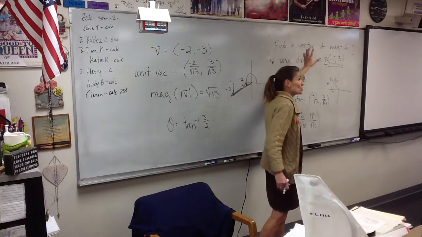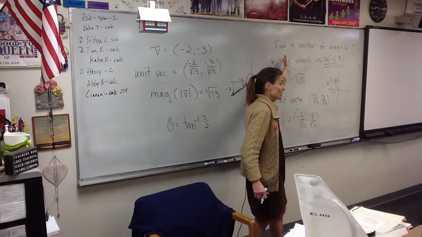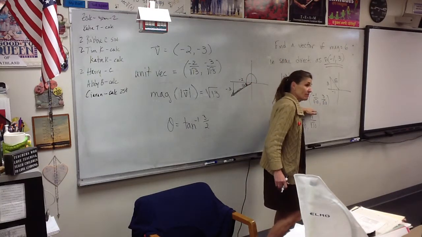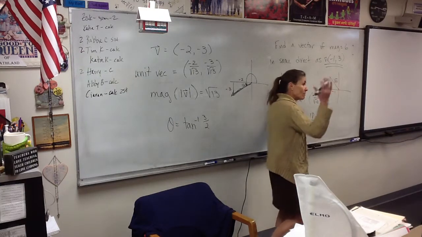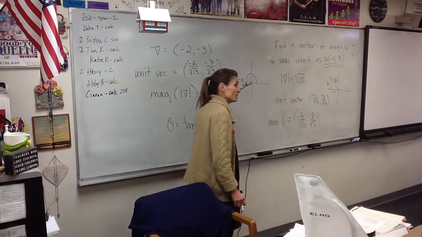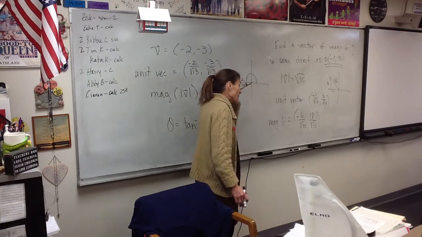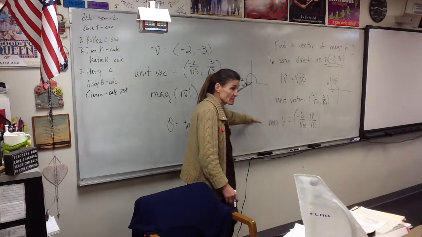If you want to change the length of your vector, make it a unit vector, and then multiply it by whatever magnitude you want it to have. So if you need it to be 10, then you multiply by 10. If you need it to be 17, you multiply by 17. Here we needed it to be 6.